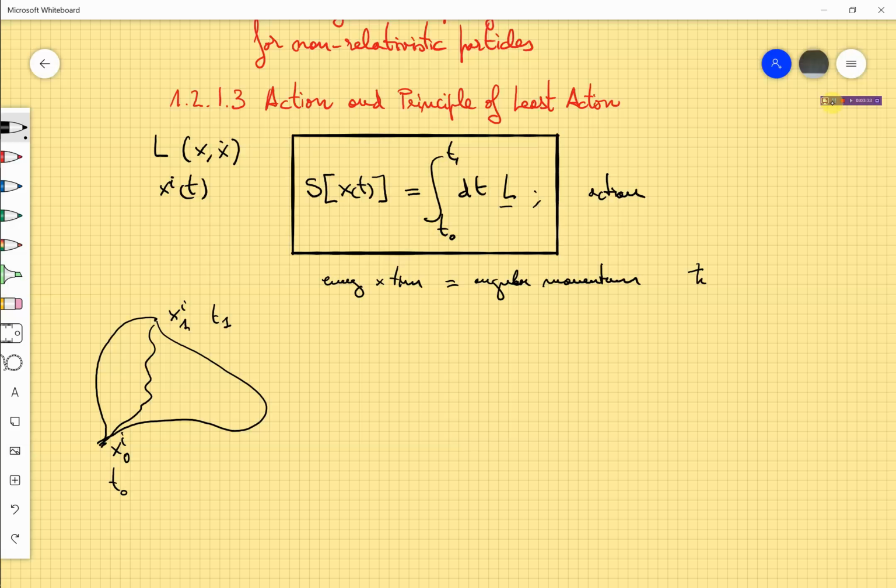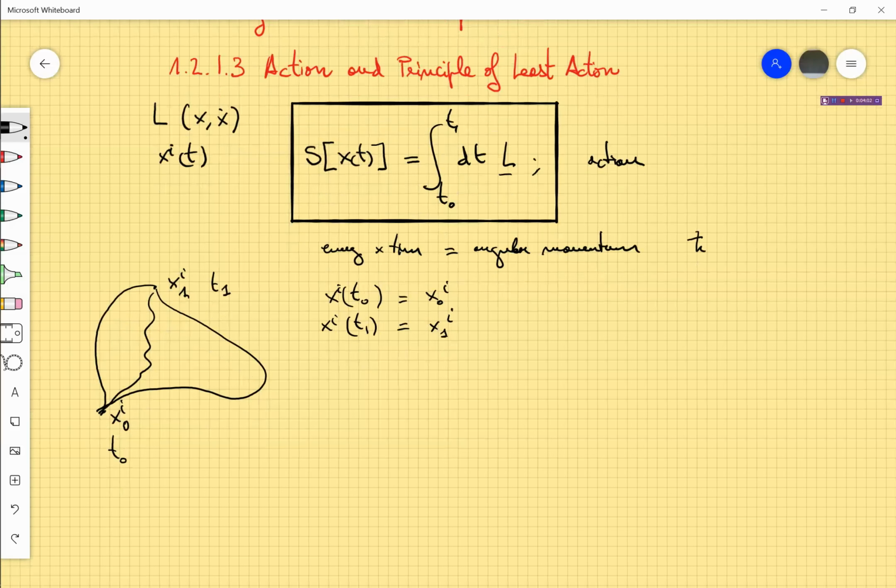So we just focus on trajectories such that x^i(t0) gives x0^i, and x^i(t1) gives me x1^i. Then I can compute the action for all those trajectories. It is a restricted set of all the possible trajectories of this system.